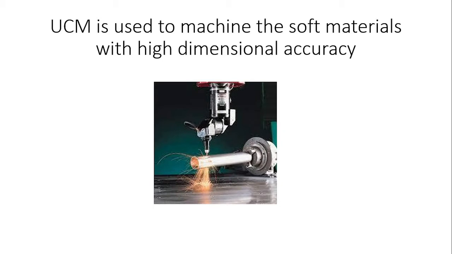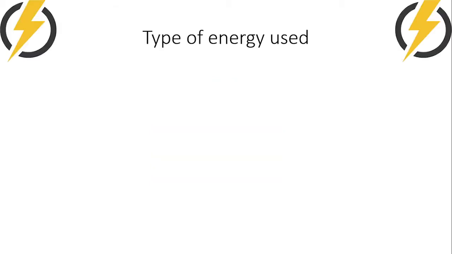Here, what is meant by high dimensional accuracy? High dimensional accuracy is when I expect a certain dimension from the workpiece, I also achieve that dimension, which is dimensional accuracy. From conventional machining, we are not able to achieve this high dimensional accuracy for soft materials such as rubber and wood. From these unconventional machining processes, we can achieve that dimensional accuracy.